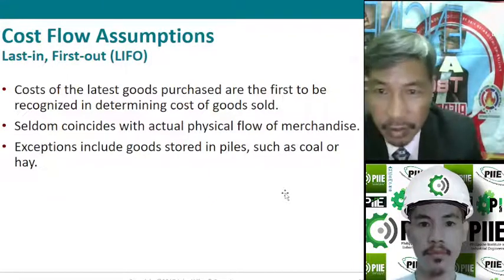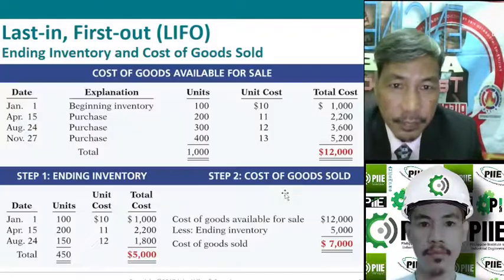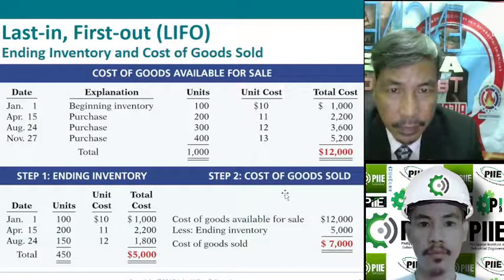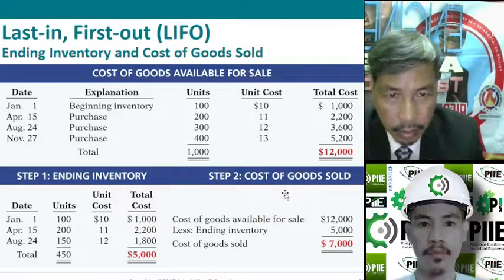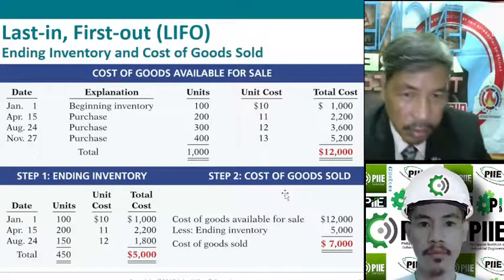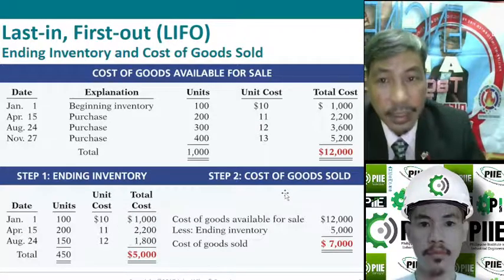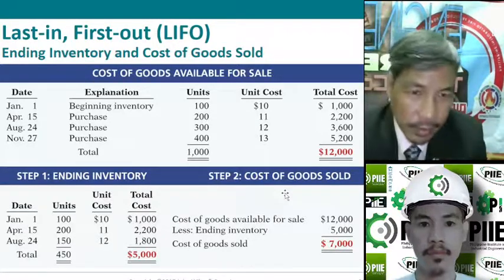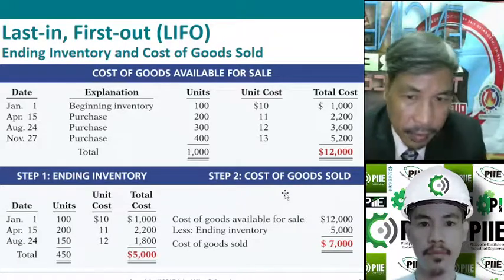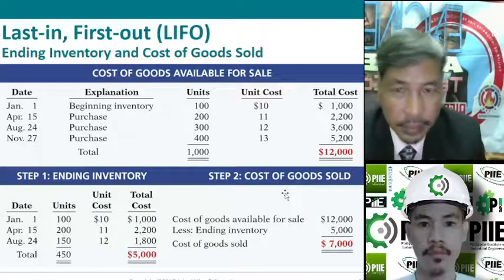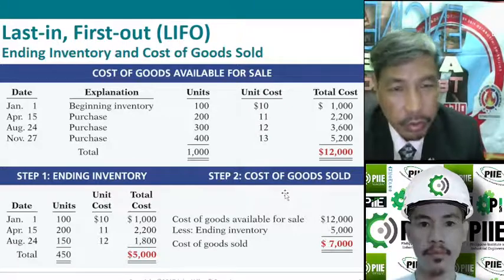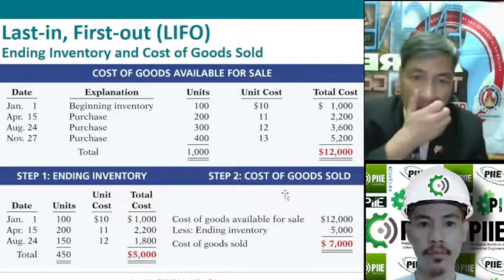Okay, so that makes sense. Last in, first out. So how do they do it? Differently. The direction is backward. Okay. So this is the illustration of how to do this computation.